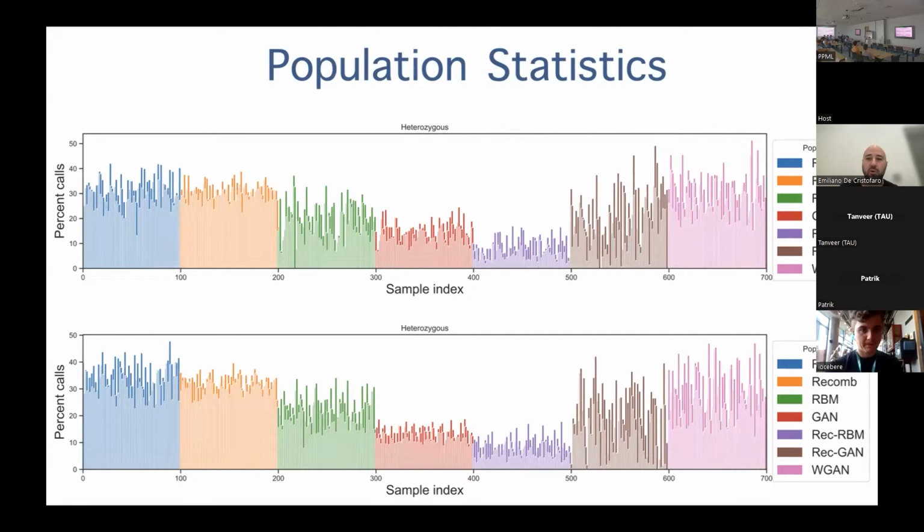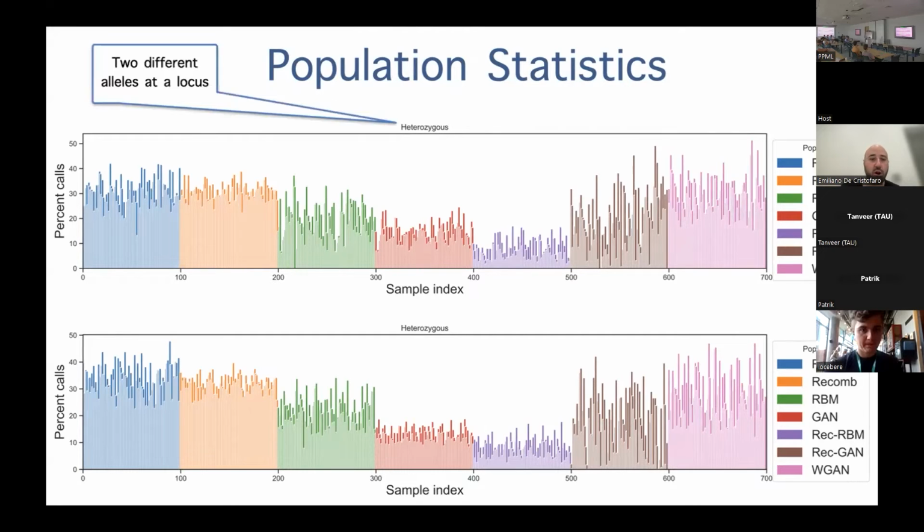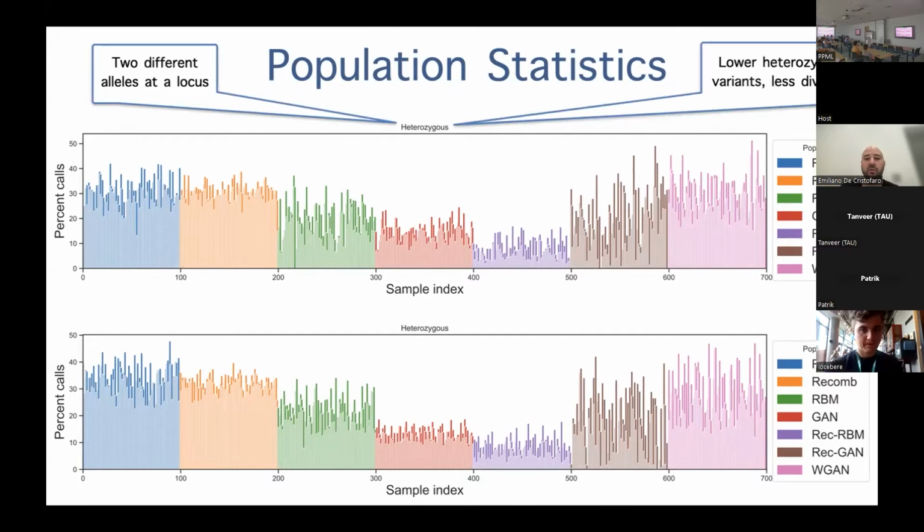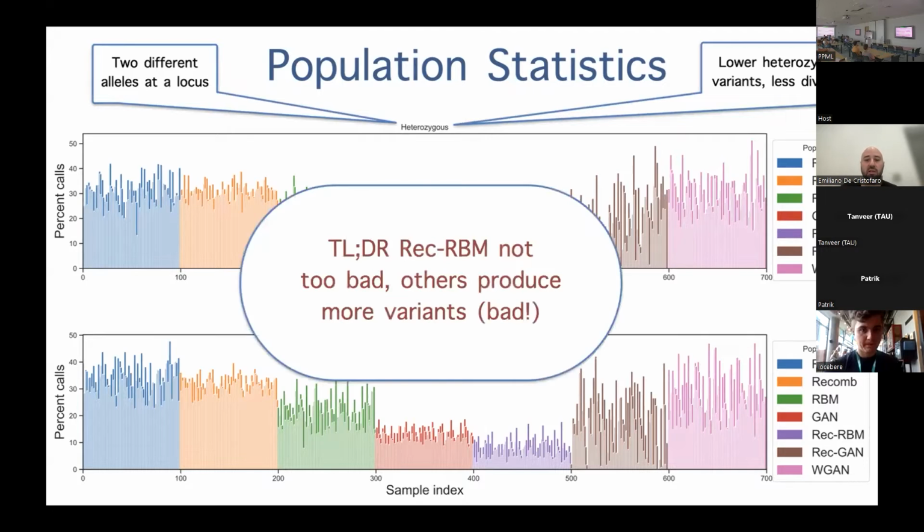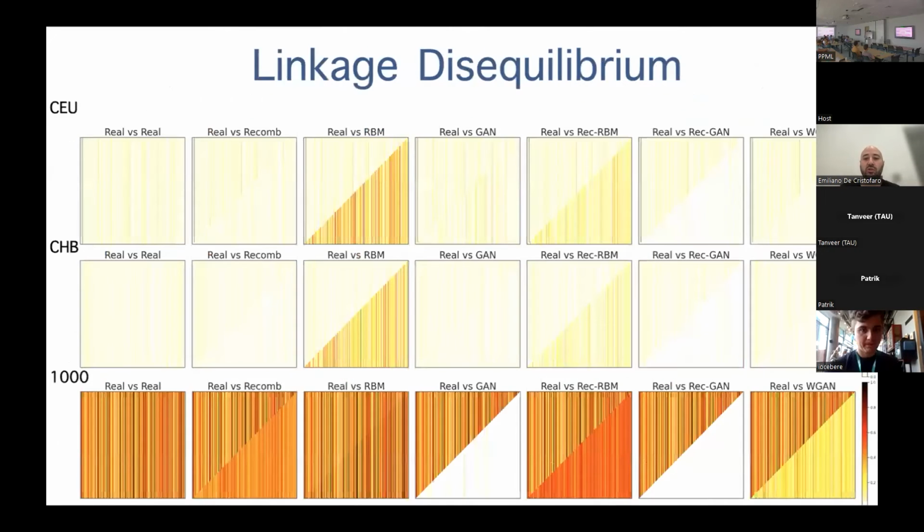And so you can see, again, the blue line is the real one. So ReComb combined with RBM, they're kind of okay. They sort of preserve the statistics. The other ones actually create new variants, and that's kind of bad. It sort of invalidates the research that you might want to do.